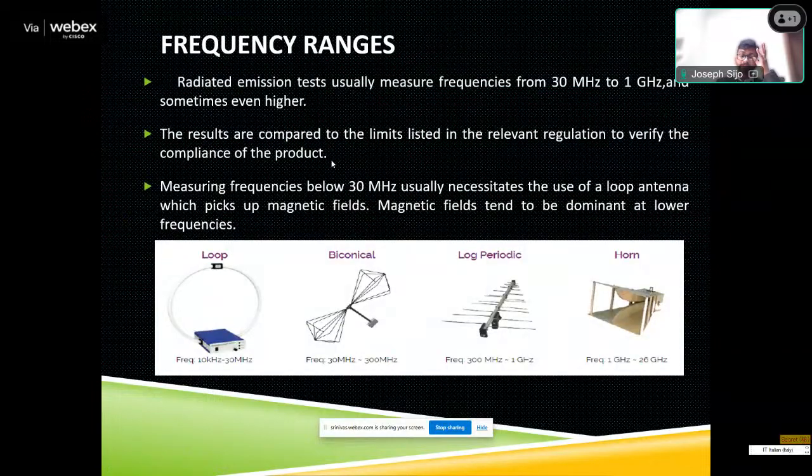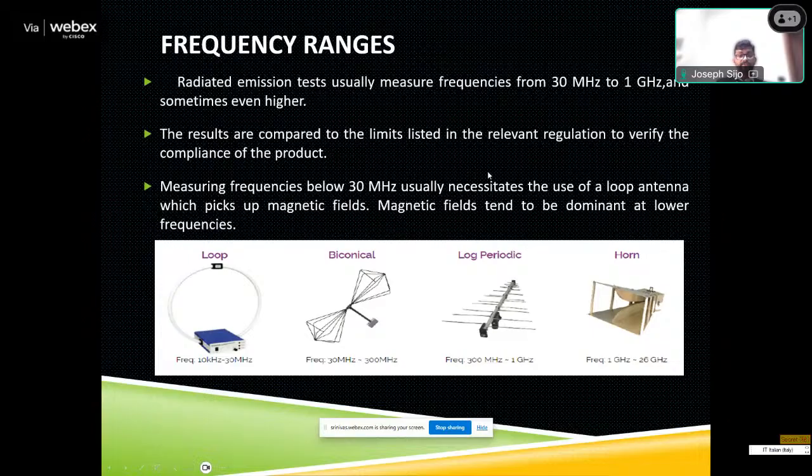That is loop, biconical, log periodic, and horn. Why? Because it depends on the different frequency ranges. Mostly in the radiated emission test setup, the frequency range should be 30 megahertz to 1 gigahertz. This is a normal standard test setup.